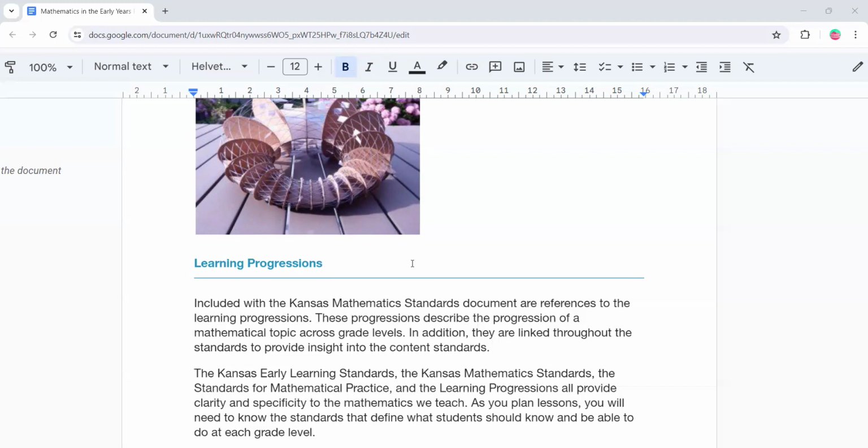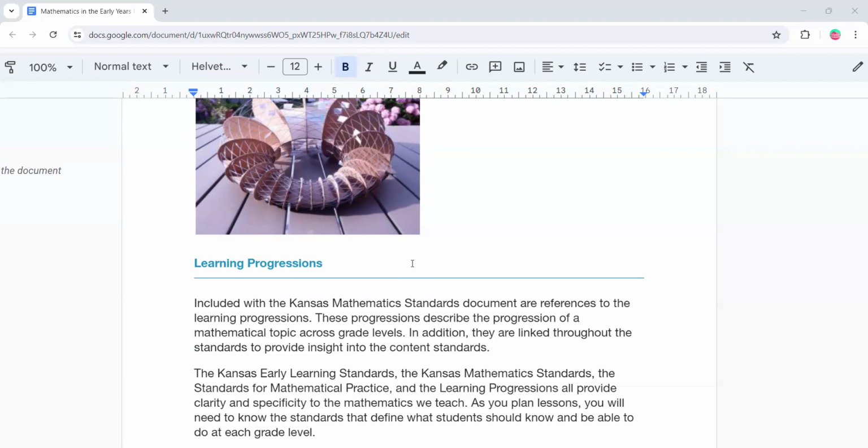As you plan lessons, you will need to know the standards that define what students should know and be able to do at each grade level. So, this is the final outcome of it. Why do we need to know about the mathematics standards? Why do we need to know about standards in education?